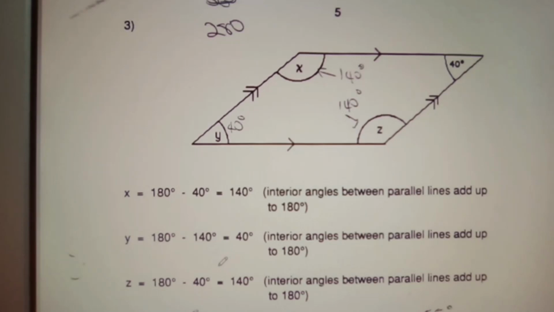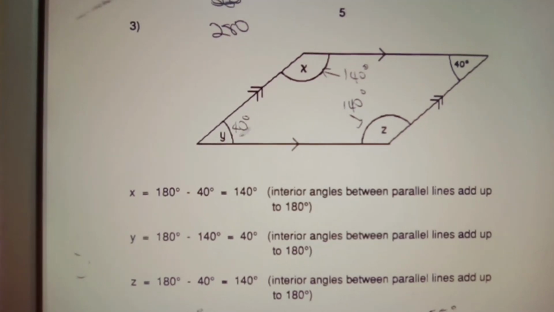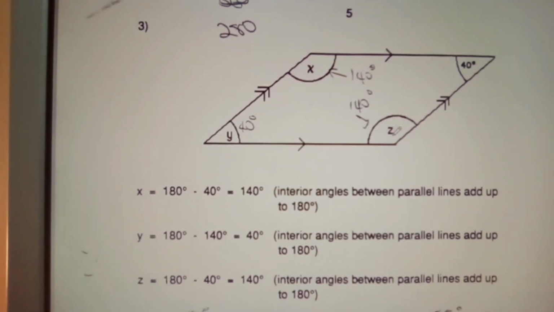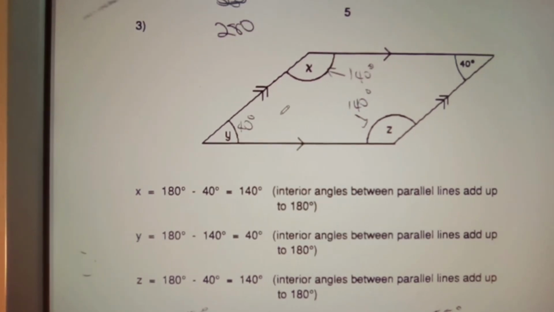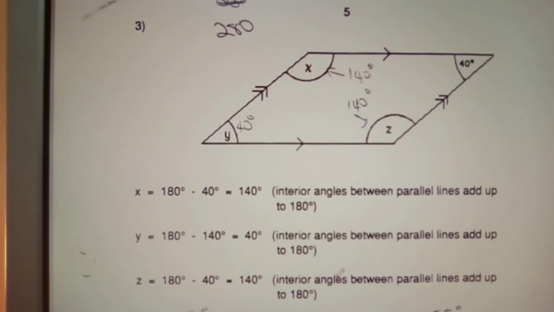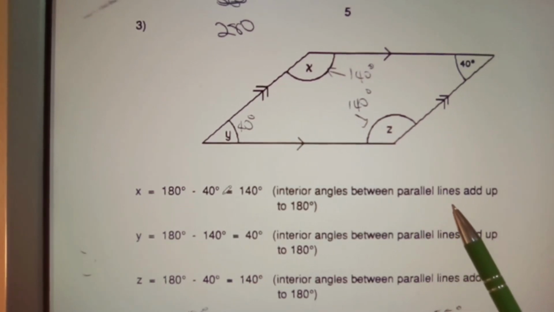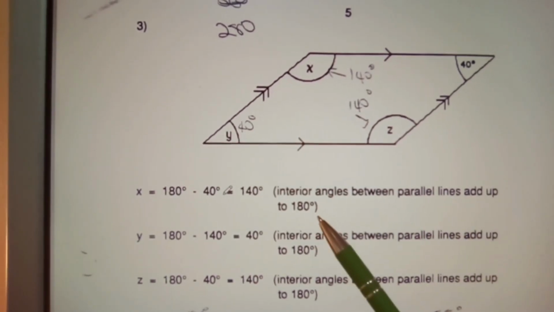And here we have number 3. And again here we need to find x, y, z. Now remember that interior angles between parallel lines add up to 180.